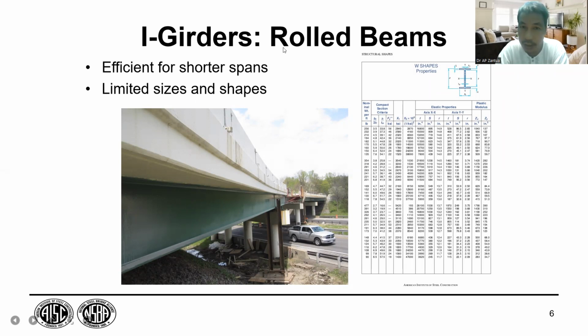Using I-Girders, rolled beams, meaning hot roll. You cannot cold roll the I-beams or the W-shape beam directly. After hot rolling, you can cold roll, but directly cold roll, you cannot do it. It's too deep for rolling purposes. So hot roll, so rolled beams.